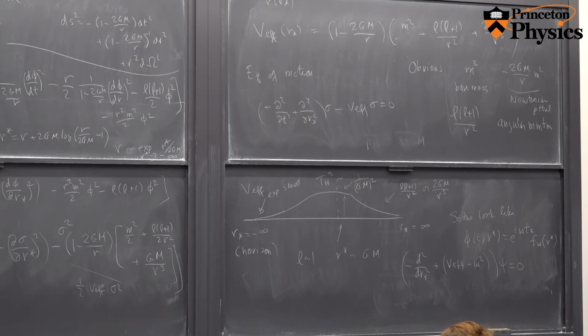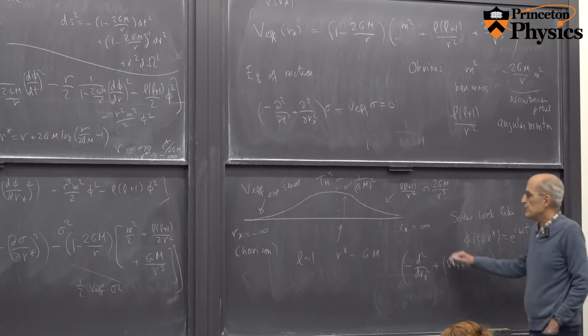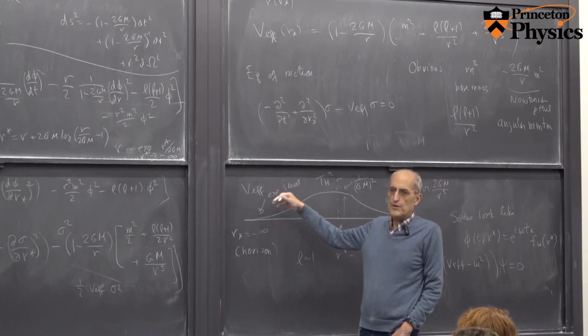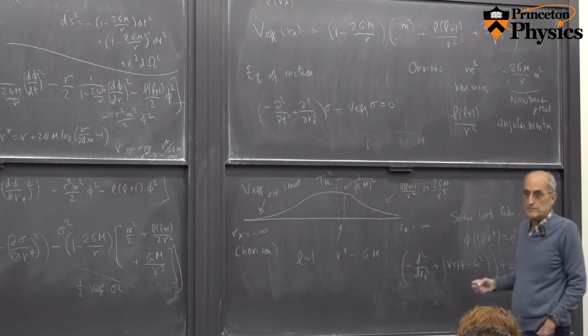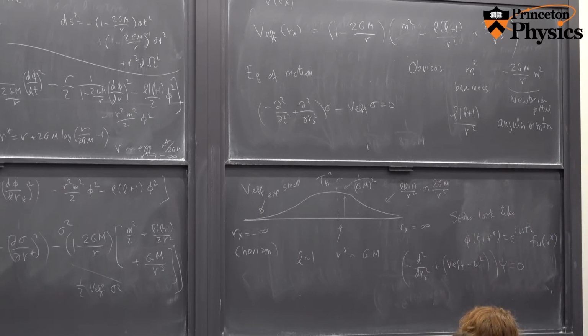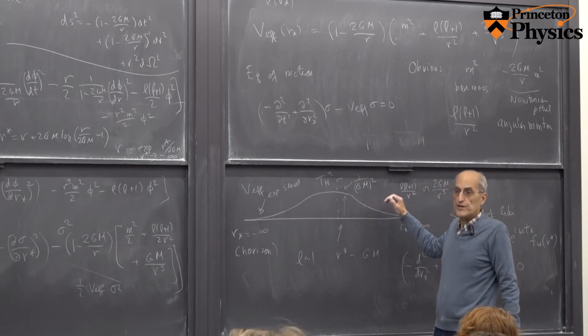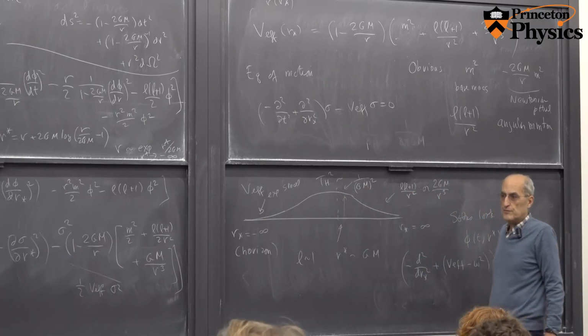So let's consider what happens if radiation is incident on the black hole. If radiation is incident on the black hole, it might be absorbed by the black hole, or it might be scattered. Because the radiation might be scattered, the potential will reduce how much radiation the black hole absorbs.